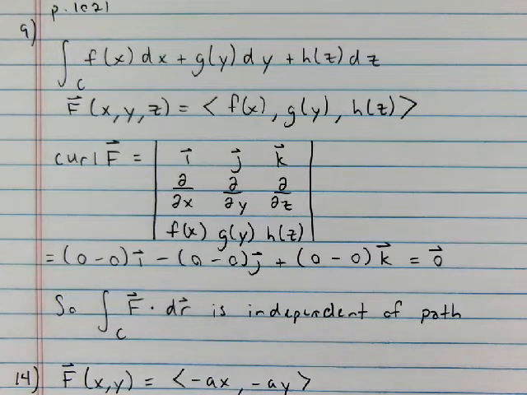Find the work W done by the force on an object that moves from 3, negative 6 to 1, negative 2.